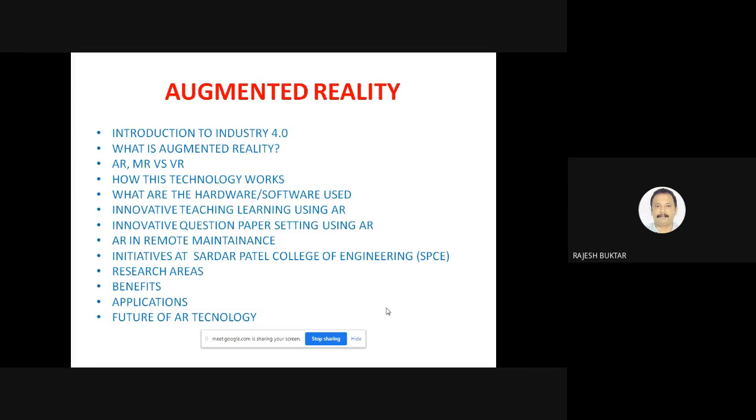And what are the initiatives which we have taken at SPCE Mumbai. I'll be showcasing some of the research areas, the benefits, applications, and future of AR technology. Regarding hardware and software, you might have heard about this stuff right from day one of this course.